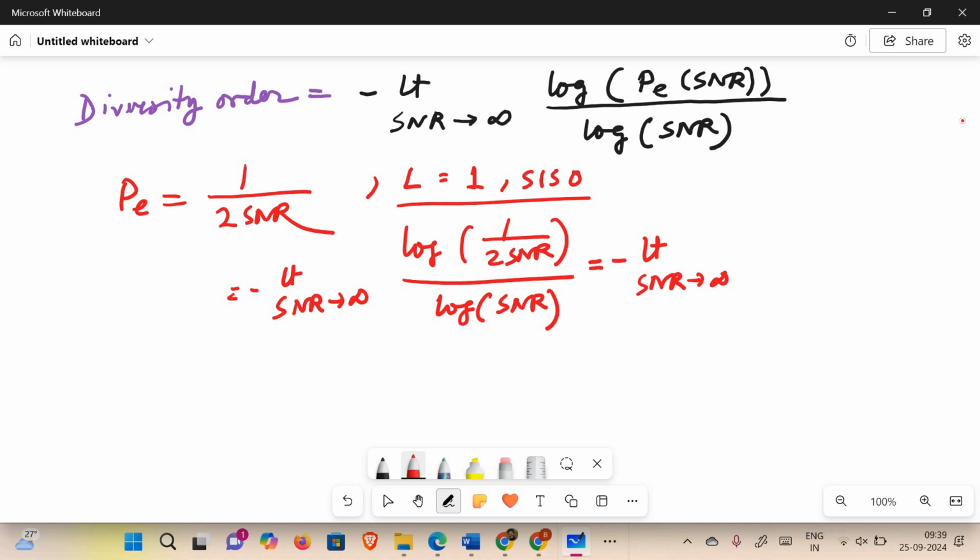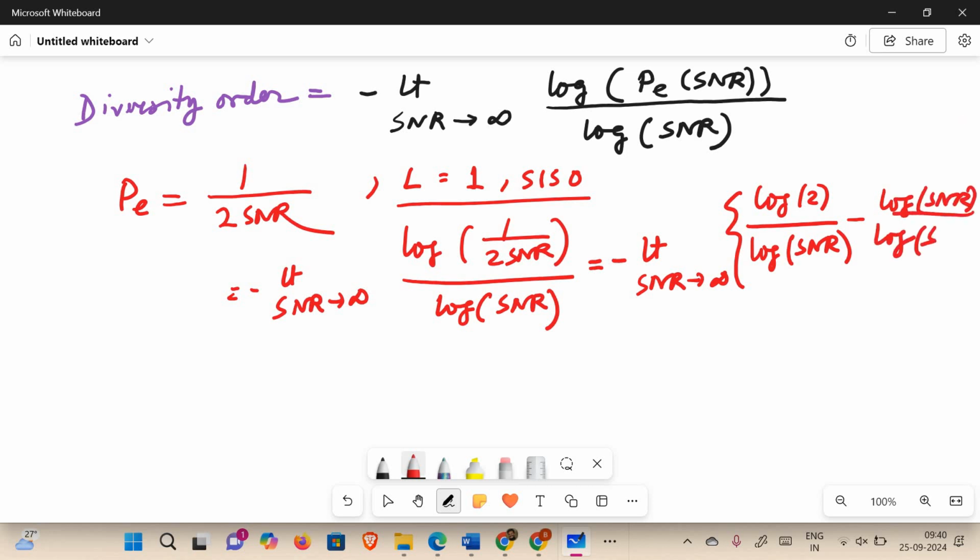That's what we are assuming, that's why we can do this; otherwise we cannot. So in this bracket we can write log of 2 divided by log of SNR minus log of SNR by log of SNR. We are just rearranging this equation into factors.